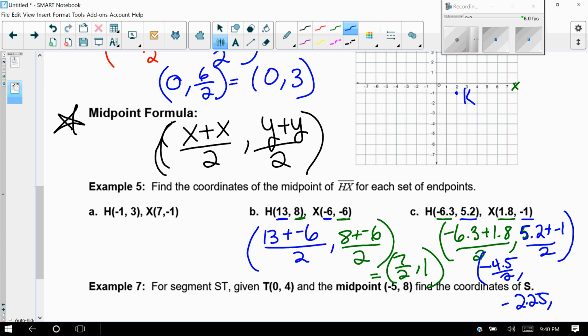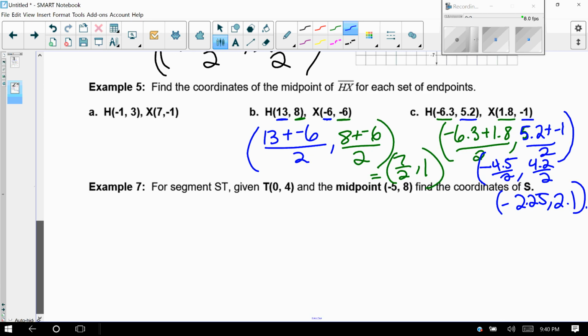And then we have 5.2 minus 1. That's pretty easy. That's just 4.2. So I'm going to write 4.2 divided by 2 is equal to 2.1. So that is your answer for the midpoint for C. That one looks a little tricky because you have some decimals.